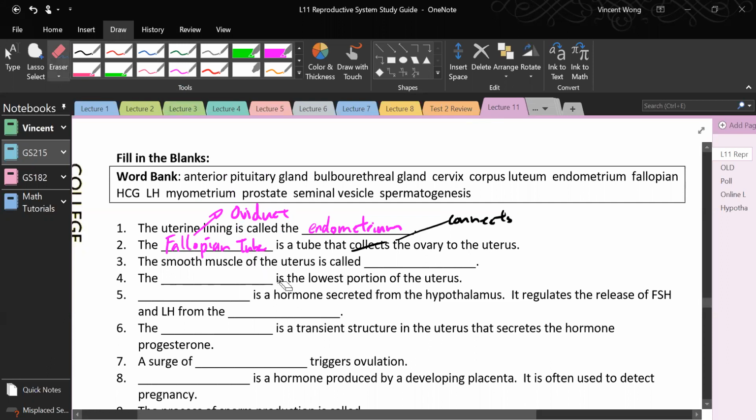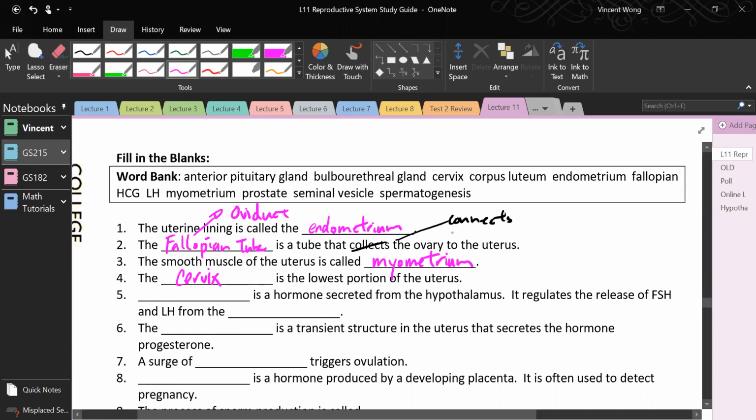The smooth muscle of the uterus is called the myometrium, the contraction of which will help push the baby out. The cervix is the lowest portion of the uterus.